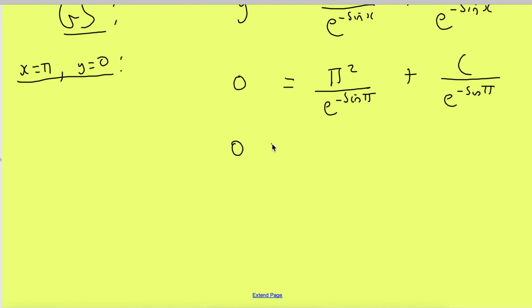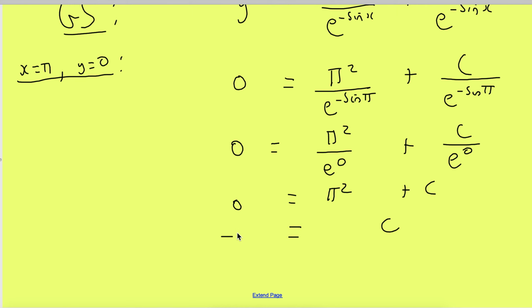That gives me pi squared over e to the power of 0 plus c over e to the power of 0, because sine pi is 0, and e to the power of 0, remember, is 1, so that's pi squared plus c, so c equals negative pi squared. Not too bad.